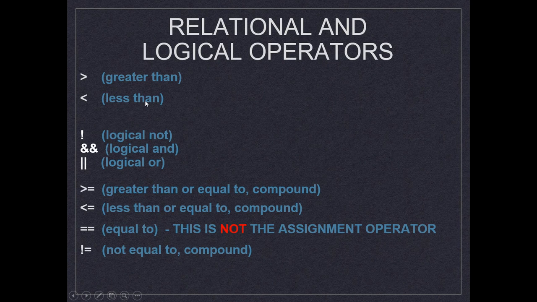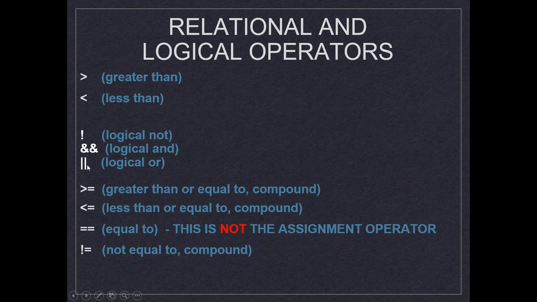We have less than. Then we have an exclamation mark, and this is the logical not. We have the logical and. You might have always thought of these symbols as ands, but they are actually called ampersands. Then you have these vertical bars, and this is again 2 characters, just like this.